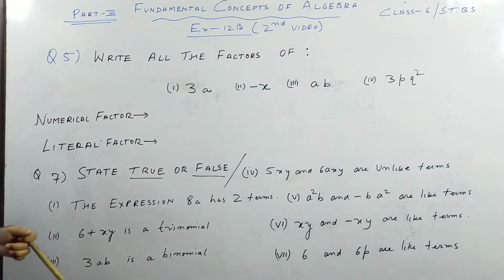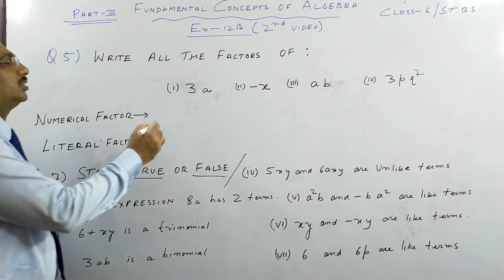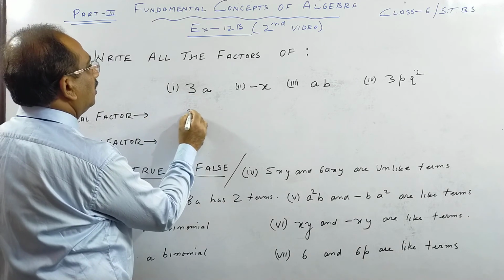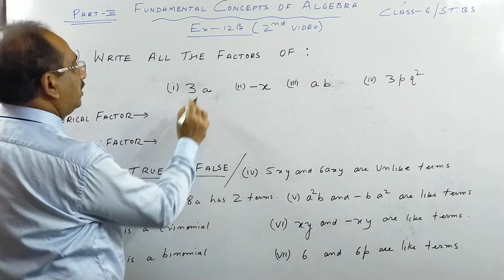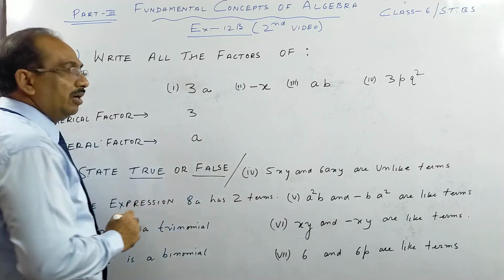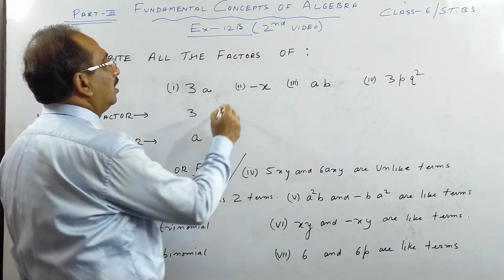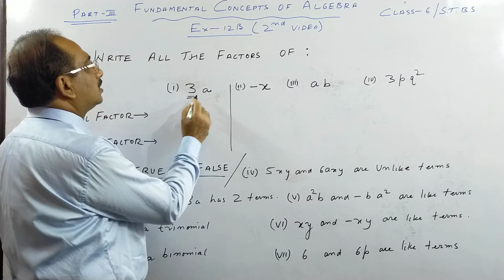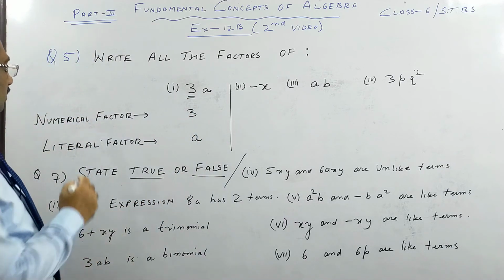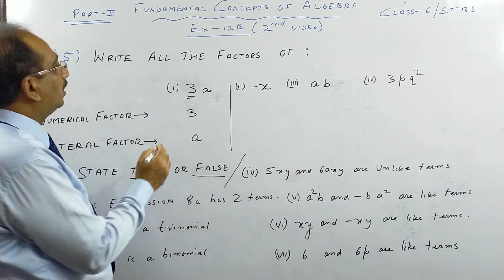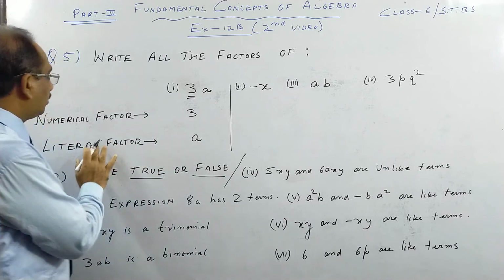So here we start. Numerical factor means, children, if you see the first question, numerical means number, and literal means alphabets, letters. So here 3 is a number, so it's a numerical factor, and A is your literal factor.